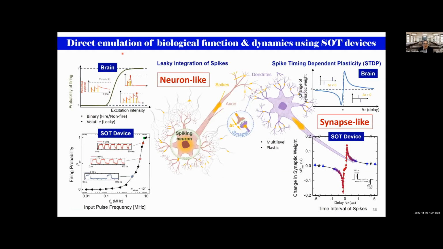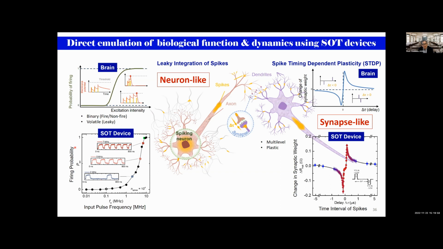And how about the dynamics? This is the property of the neuron in a physiological neuron, and the horizontal axis is the frequency of input pulses. As you see, there is some property for the integrate and fire, leaky integration of the pulses, and the characteristic of the firing probability is like a sigmoidal function.